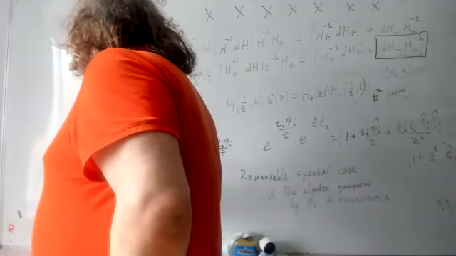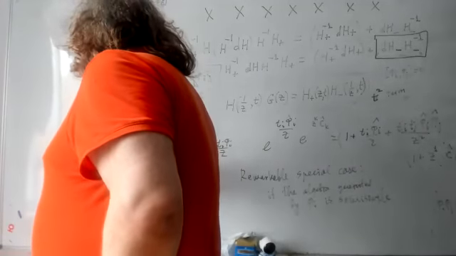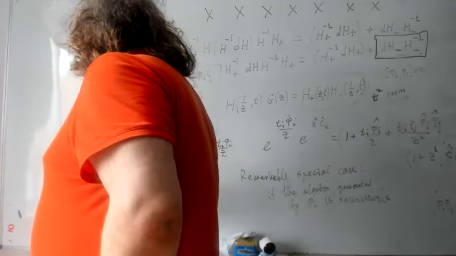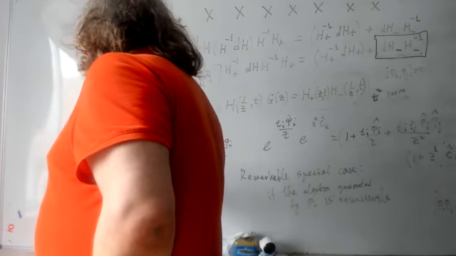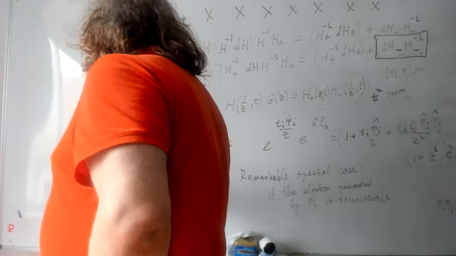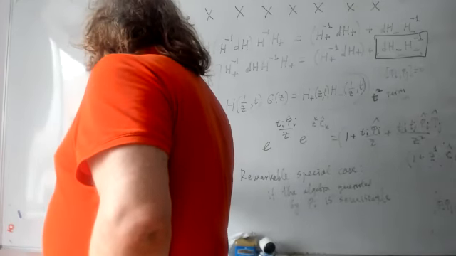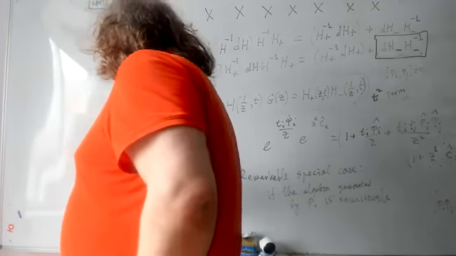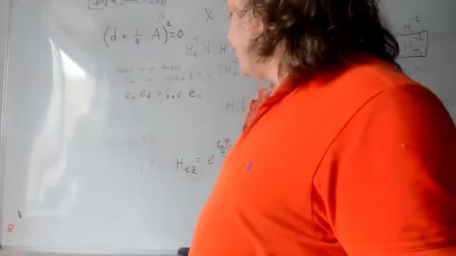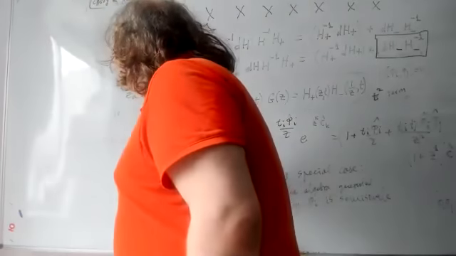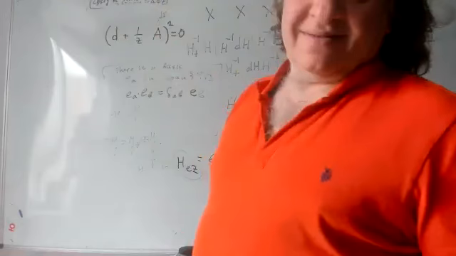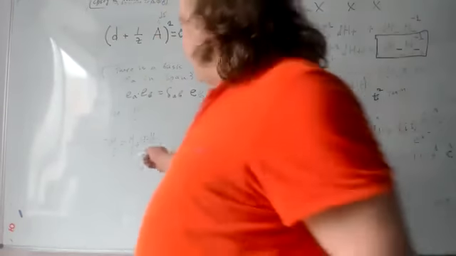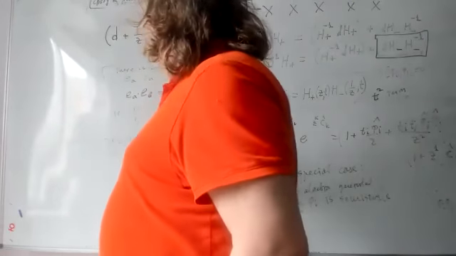Here you have generators T plus with some indices I plus, and here you have T minus with some indices I minus. I plus span G plus and I minus span G minus.